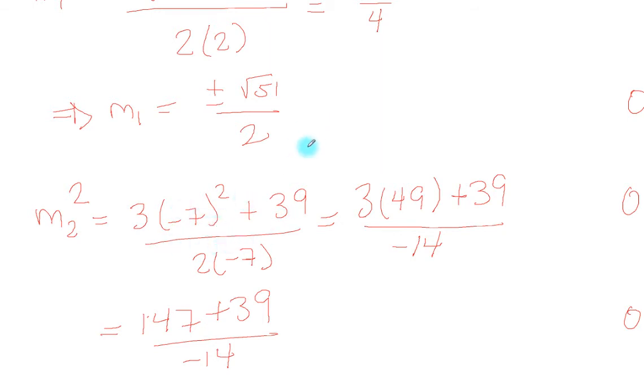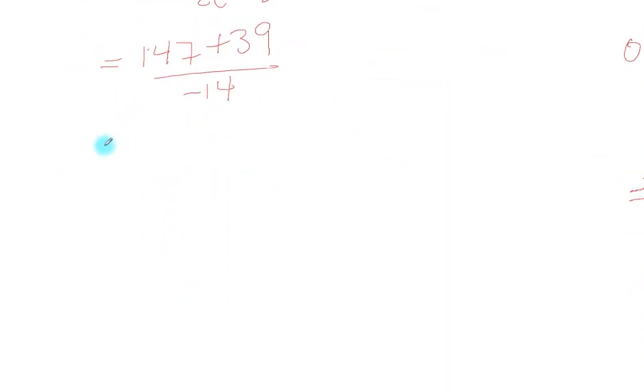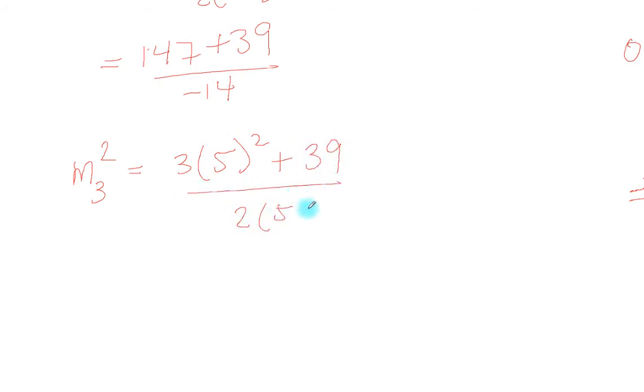Now let's try our next value, which is 5. So m3 squared equals 3 times 5 squared plus 39 over 2 times 5.